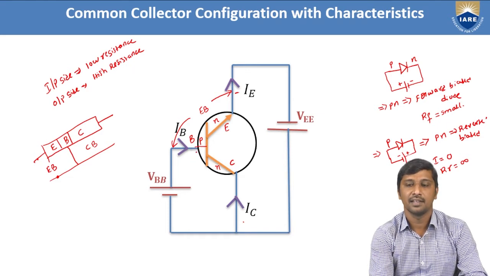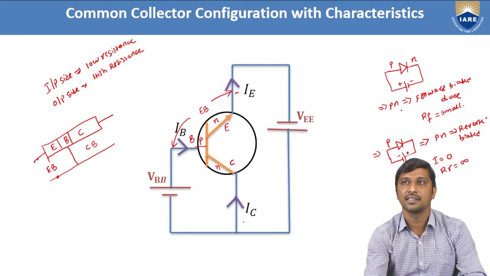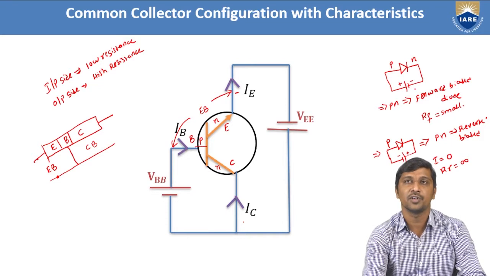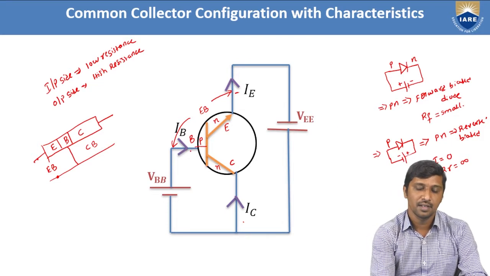We know from this analysis that when a P-type material is connected to the positive pole of the battery with respect to an N-type material, that PN diode acts as forward biased.